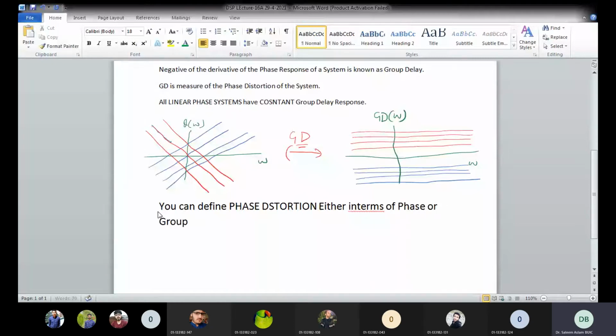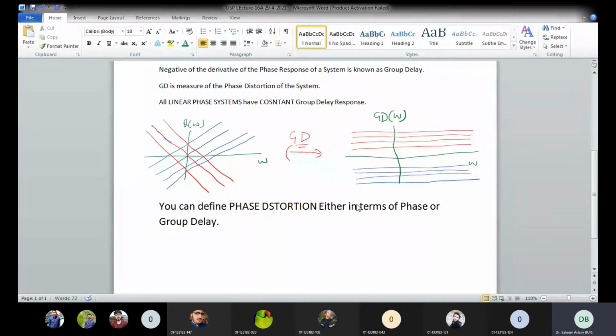So you have both options. But if we see these two graphs, it's easy to understand and easy to define the phase distortion in terms of group delay, because it's a constant. So we just need to check if the group delay of a system is a constant.